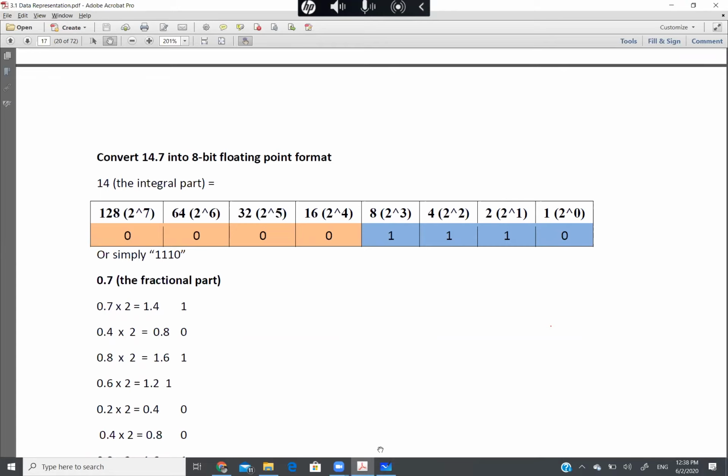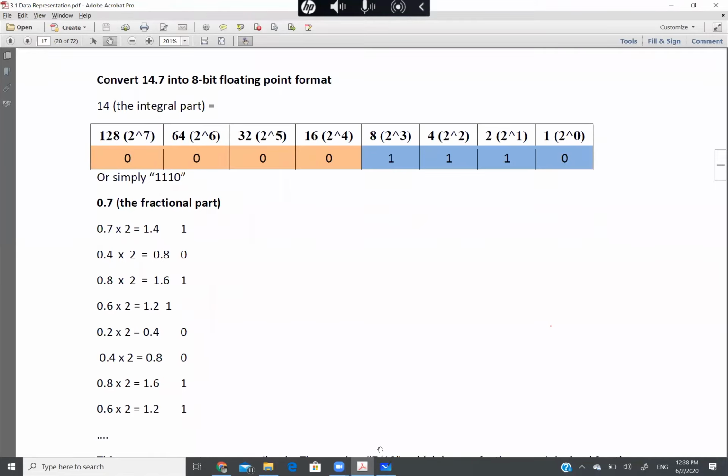I'm just repeating myself. 14.7 type of questions won't come in the examination. It is because in computers you cannot actually represent 0.7. This is one of the limitations of digital systems because you have fixed fractions like 0.5, 0.25, 0.125.